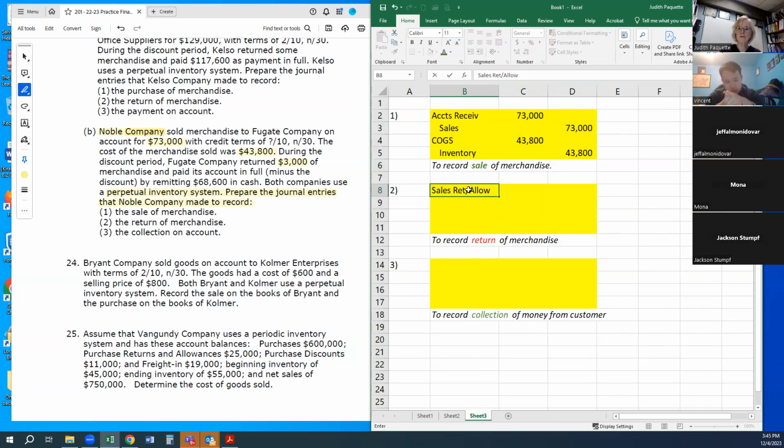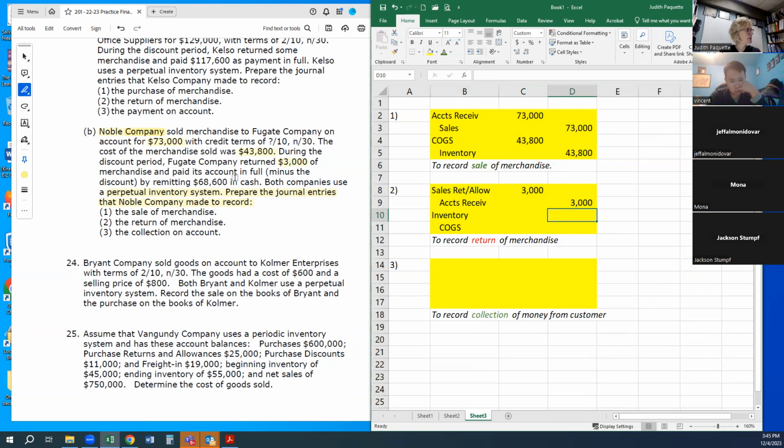But everything else is identical to how it's up here. So we are reversing accounts receivable. We're reversing cost of goods sold and inventory. So we know the dollar amount of the return is 3,000.